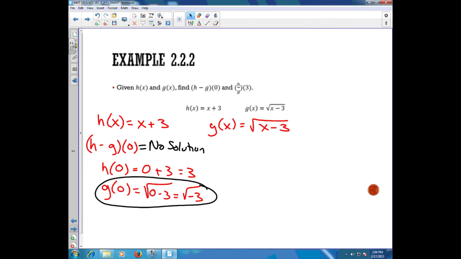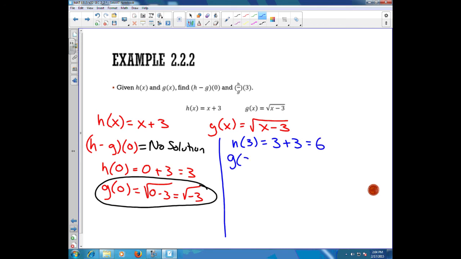So now let's do h divided by g of 3. Well, h of 3 is just 3 plus 3, which is 6. g of 3 is the square root of 3 minus 3, which is 0.